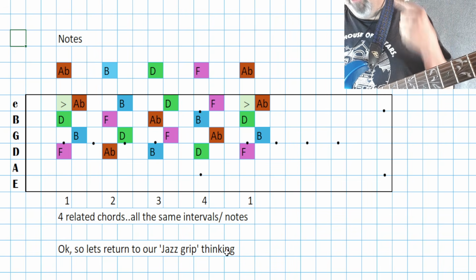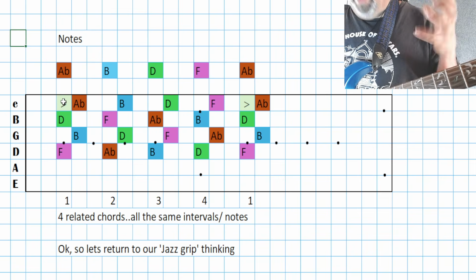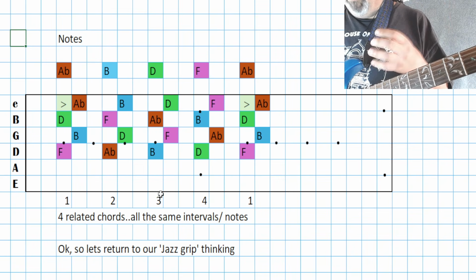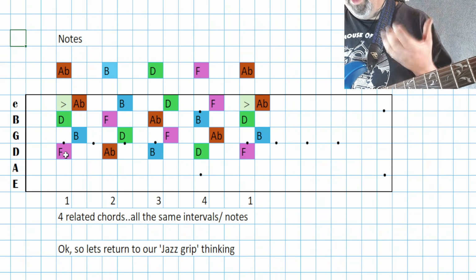So let's return to our jazz grip thinking. If we return that root back to where it was and play these as individual 7th chords, they're going to be all these randomly different root notes, but are they related?